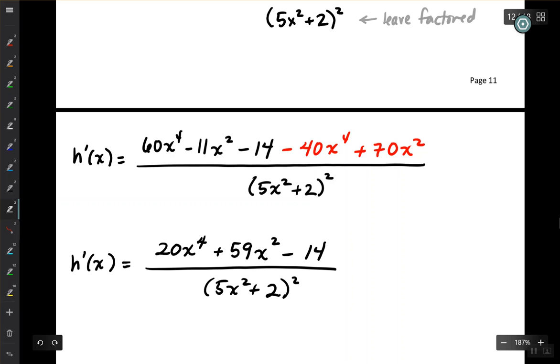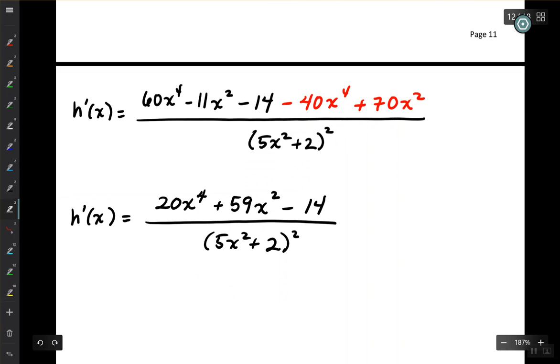My numerator is not factorable, but if it were, it would be good to factor it and see if there's a common factor in the numerator and the denominator so you can remove that secret times 1. Okay?